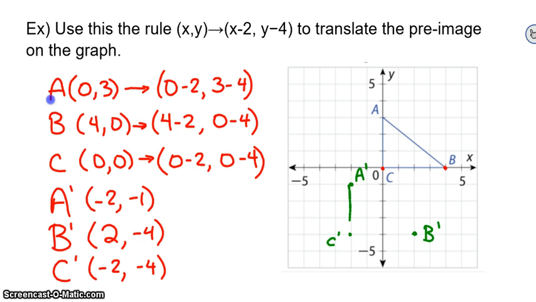If we connect those three, we see that we have another triangle that is the exact same size as triangle ABC, but it is shifted to the left 2 and down 4. This is called a translation. Any kind of slide on a graph is considered a translation.